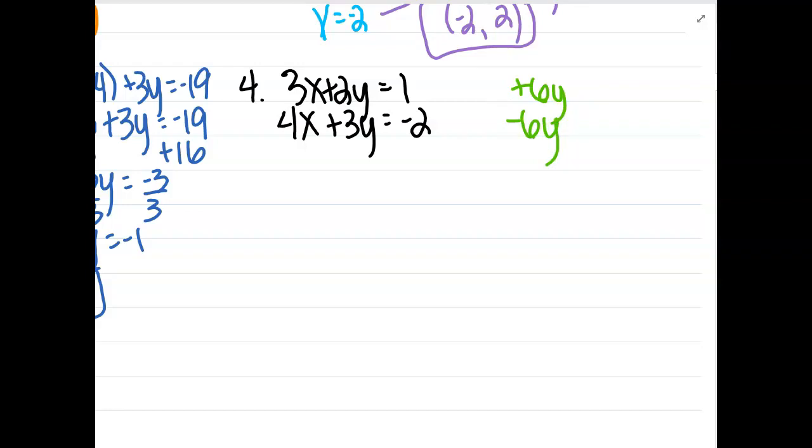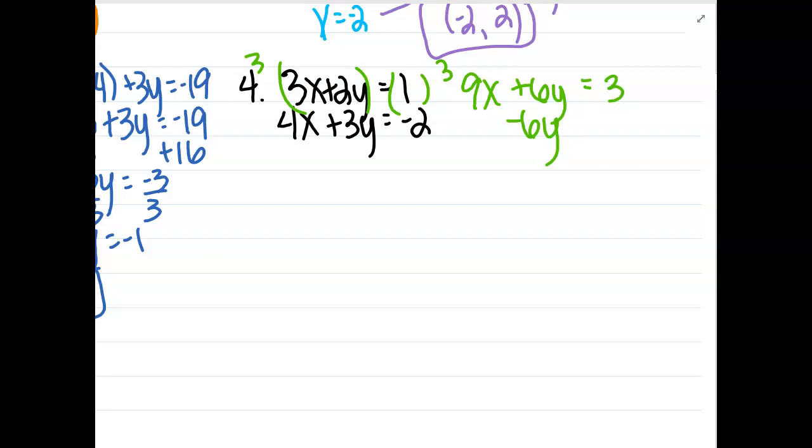Because that's what's going to cancel out there. Okay? So, for the first equation, how do you get from 2 to 6? Times 3. So we're going to multiply that first equation by 3. So 3 times 3x is 9x, 3 times 2y, there's my 6y, 3 times 1 is 3.